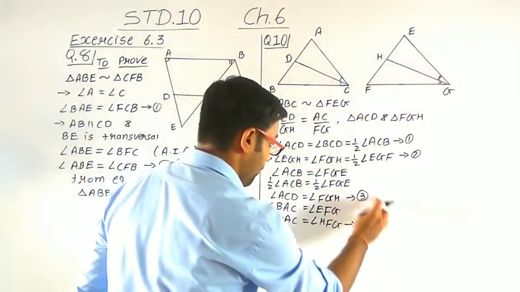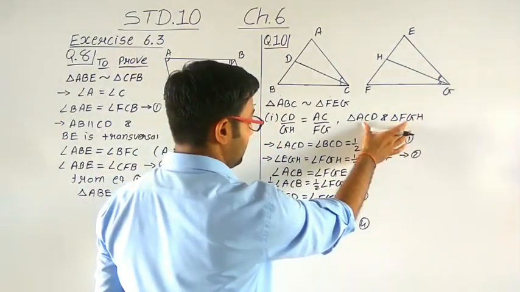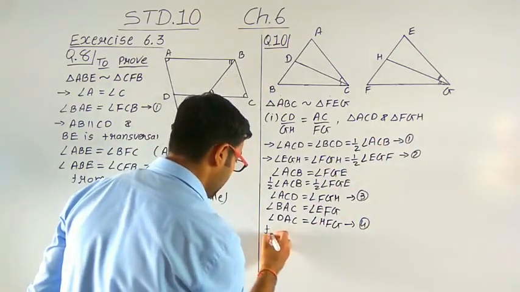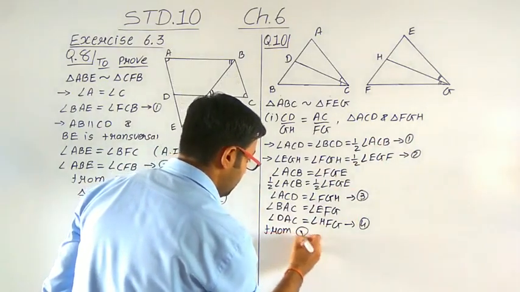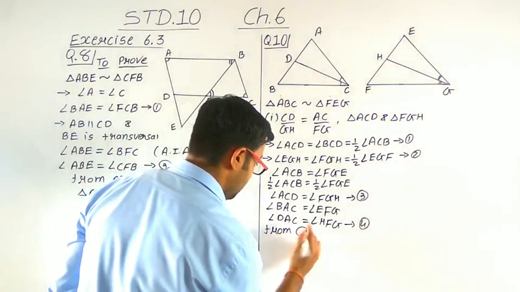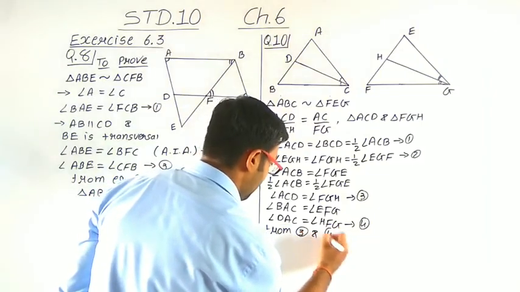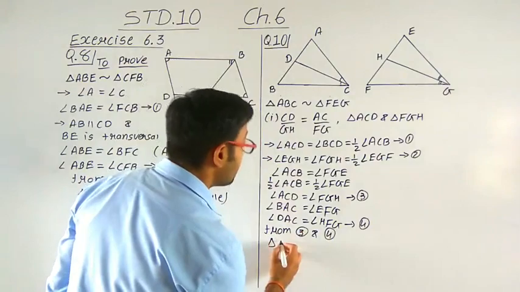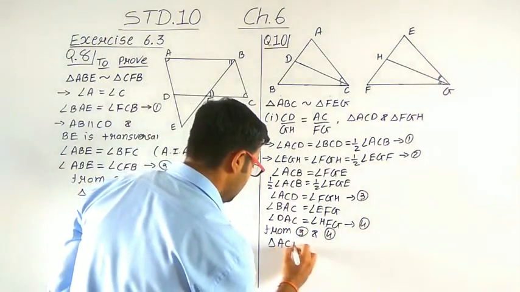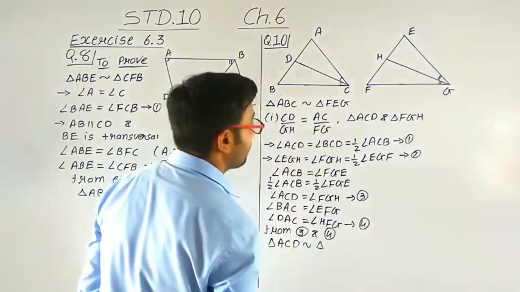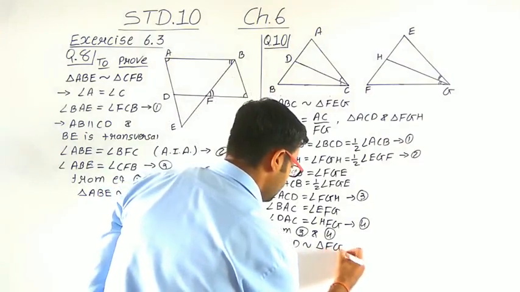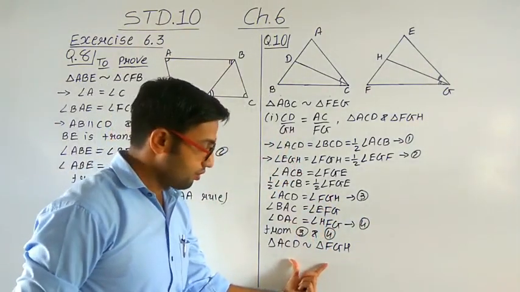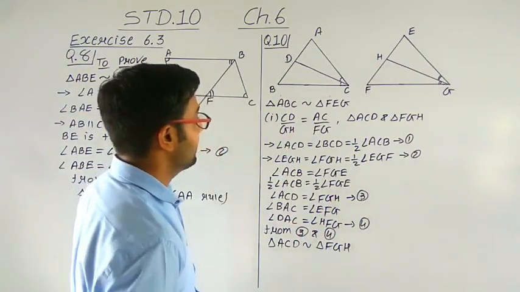So from 3 and 4, in these two triangles two angles are equal. So from 3 and 4, we can write that triangle ACD is similar to triangle FGH.